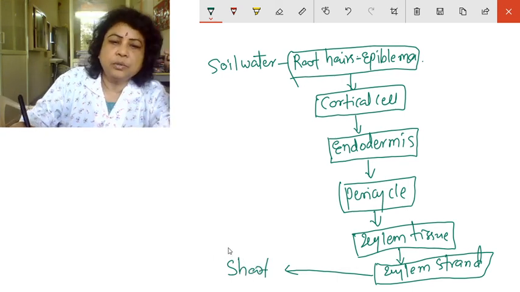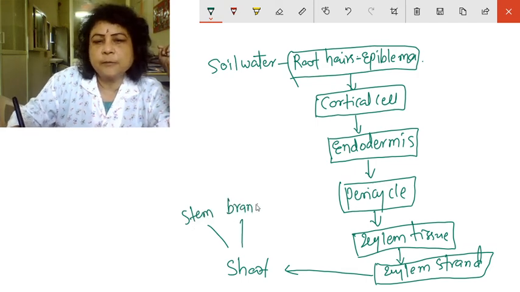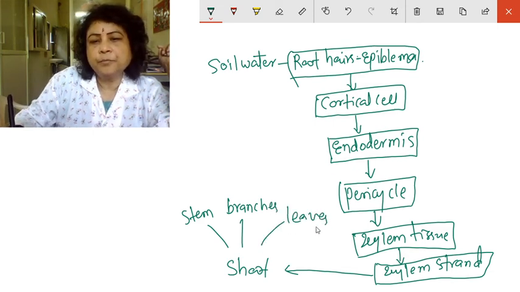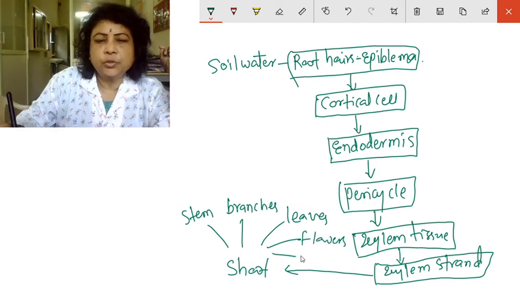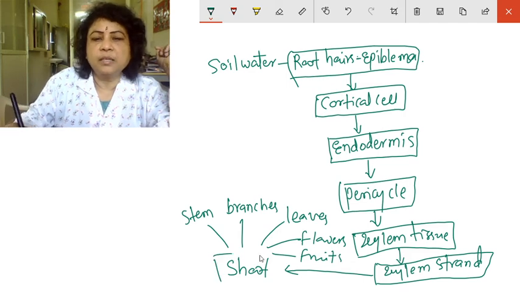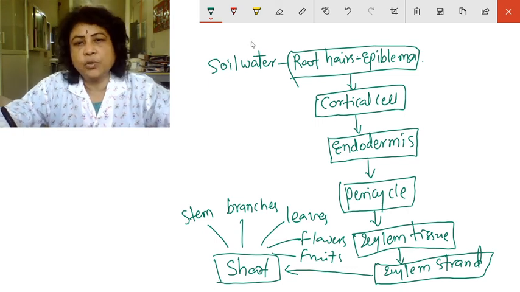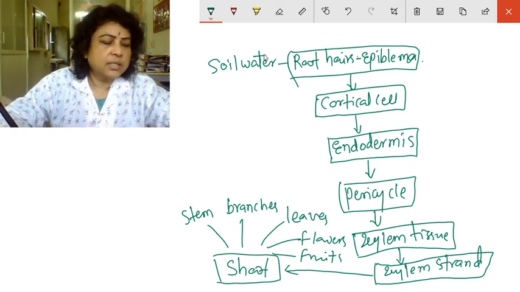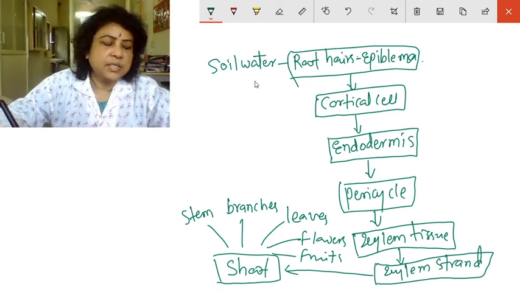In the shoot it goes to the stem, the branches, the leaves, the flowers, the fruits, all parts of the plant. So that is the path of translocation of water, or the path of ascent of sap.